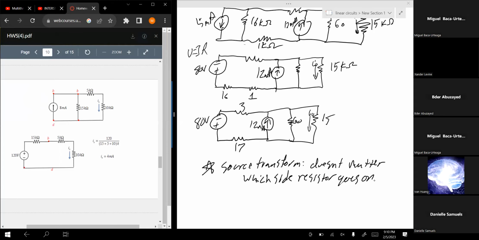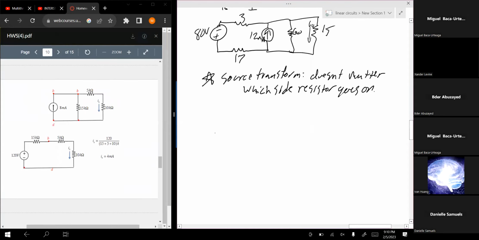Yeah, they basically did circuit reduction here. This is all just a circuit reduction step. So at the very end, you had the 15 plus the 5 plus the 10, which basically just says, hey, it's 30 kilo ohms, 120 volts.